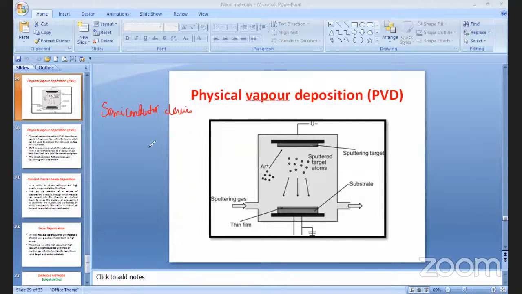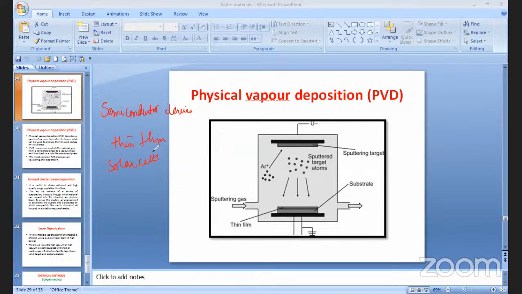They can also be used as thin films. In the application of semiconductor devices and thin films, the PVD method is used, and in thin film solar cells also, the PVD method can be utilized.